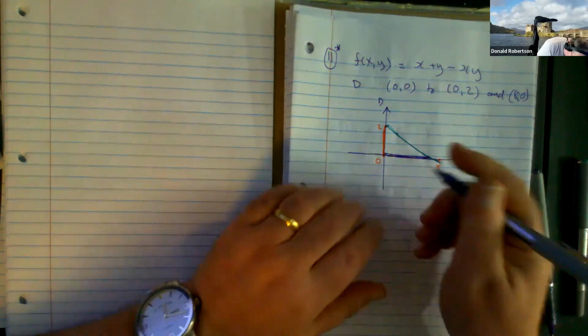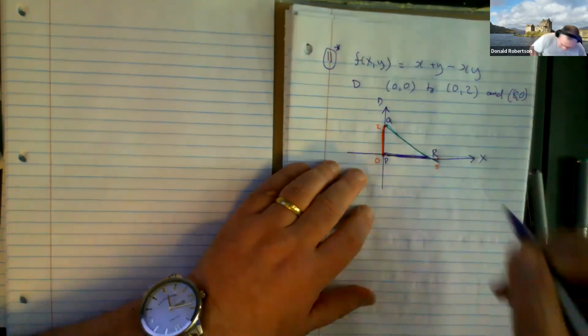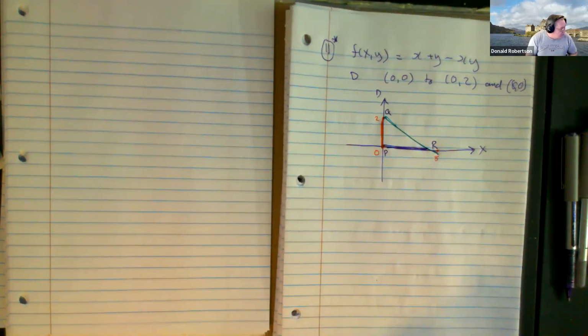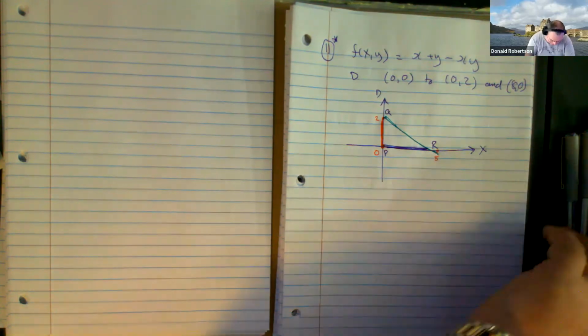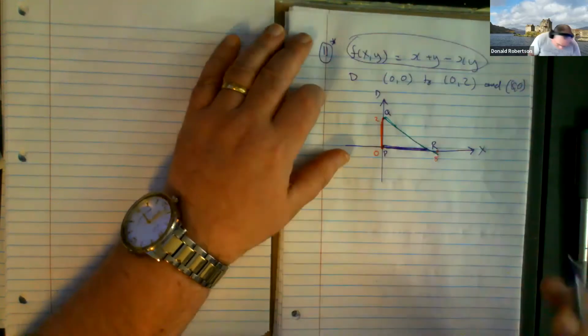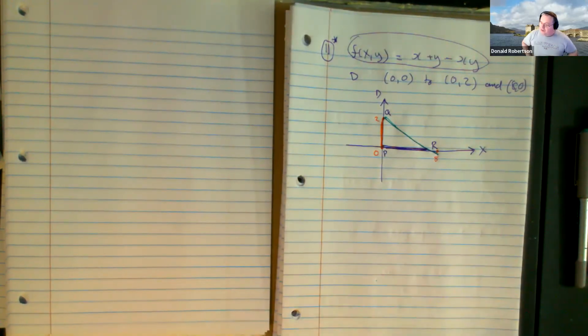I'm going to call this corner P, this corner Q, and this corner R. So how do we find the absolute max and min of this function when you're only allowed to choose points on the edges of that triangle? That's essentially the puzzle.